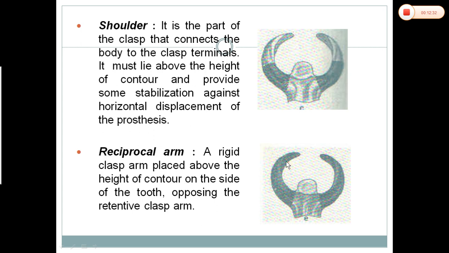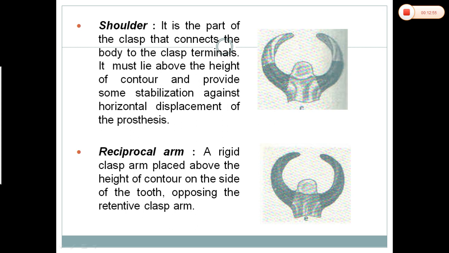Now, you can see there are two arms. One is known as the reciprocal arm, the other is the retentive arm. The retentive arm provides retention, whereas the reciprocal arm, what is its purpose? We will be discussing that later. The reciprocal arm is a rigid clasp arm placed above the height of contour on the side of the tooth opposing the retentive clasp arm.